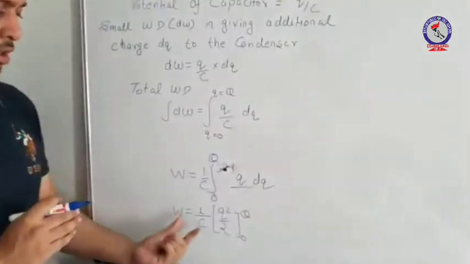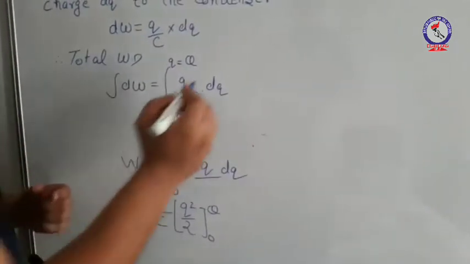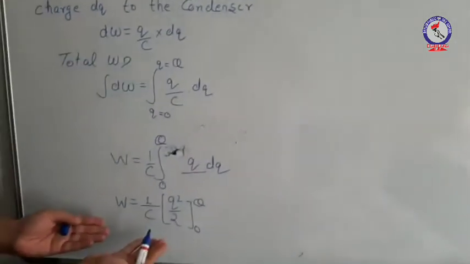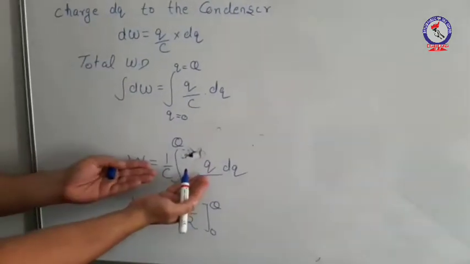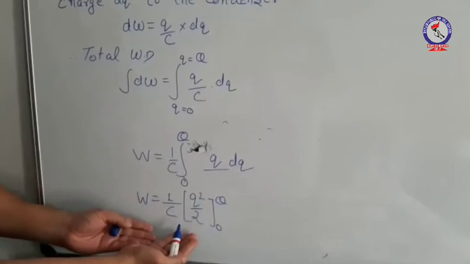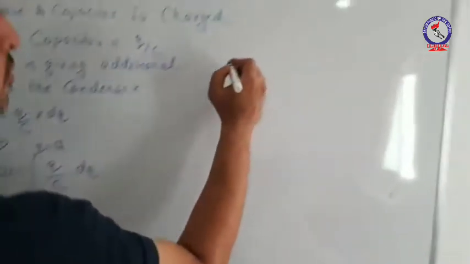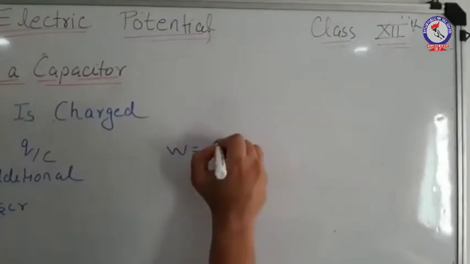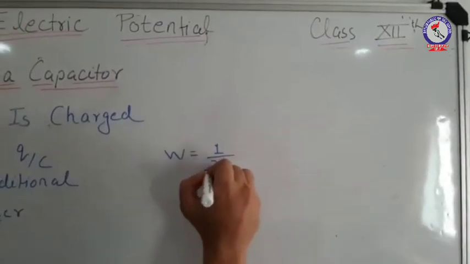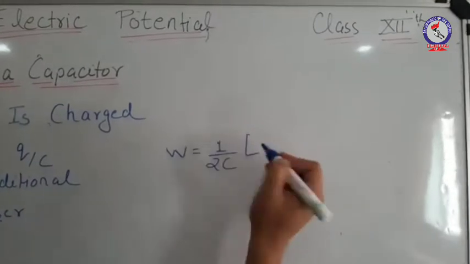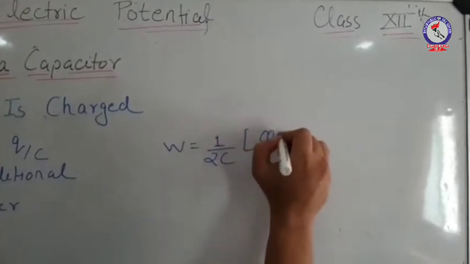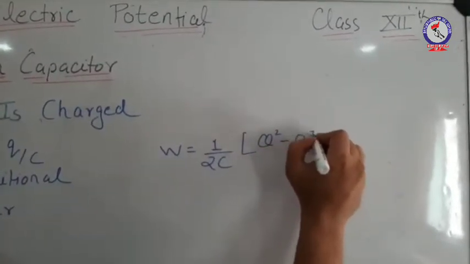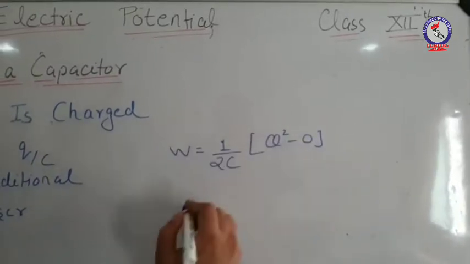Now, this was the expression we have just calculated after integrating Q dq. Substituting the limits, we have 1 by 2C into Q square minus 0. Q was the upper limit and 0 was the lower limit.